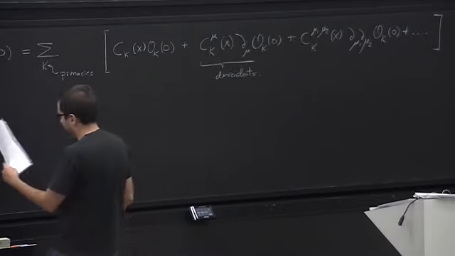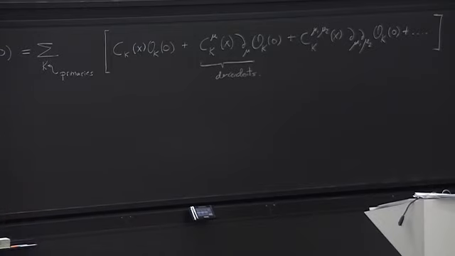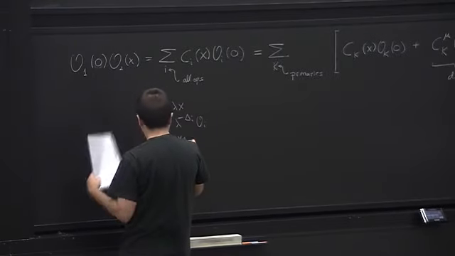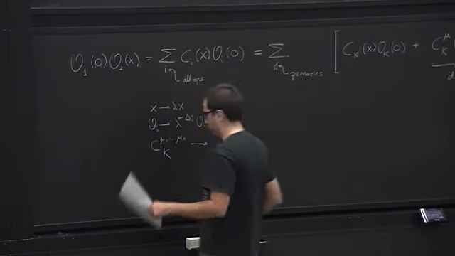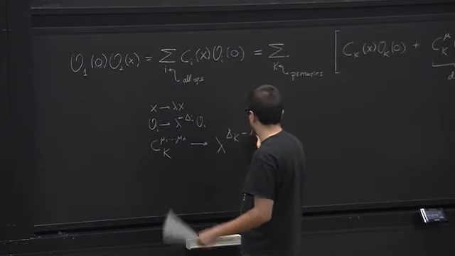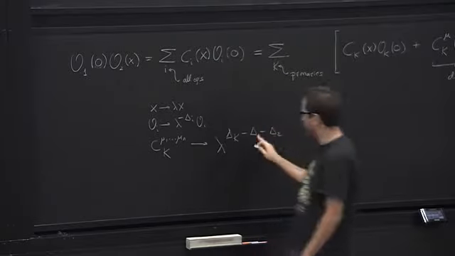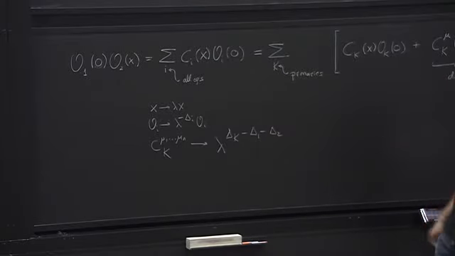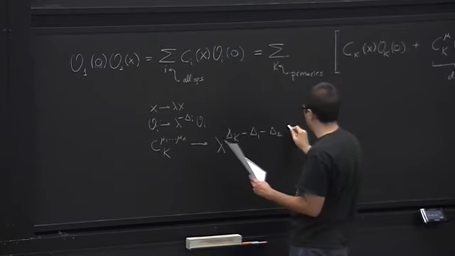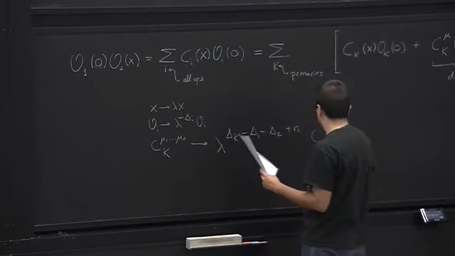So again, the statement is that under x going to lambda x, O_I goes to lambda to the minus delta_I O_I. So this C^{mu1 ... mu n}_k goes to, if you impose that the left and right hand side transform in the same way, there is delta_k minus delta_1 minus delta_2, because the left hand side transforms with delta_1, delta_2. On the right hand side, there's delta_k, but then there's the number of derivatives, so plus n, times C_k.